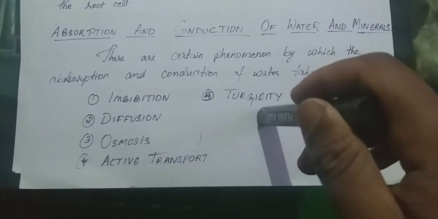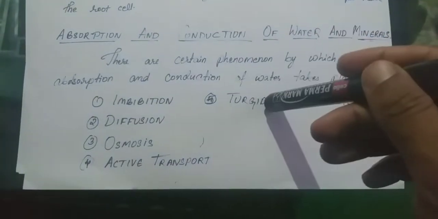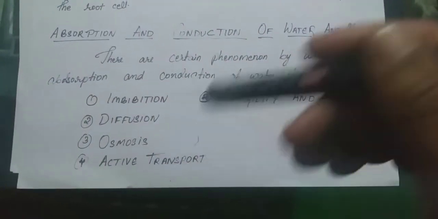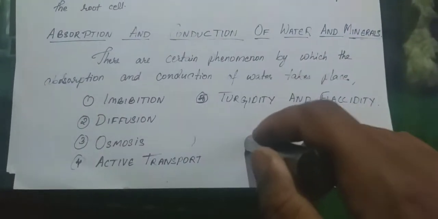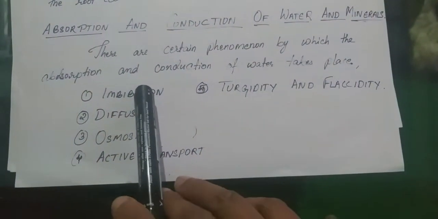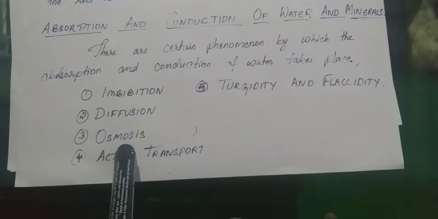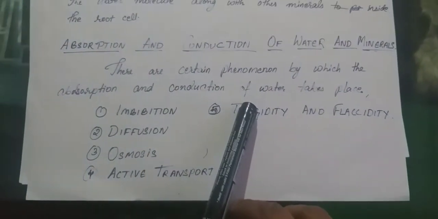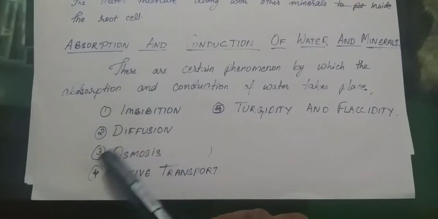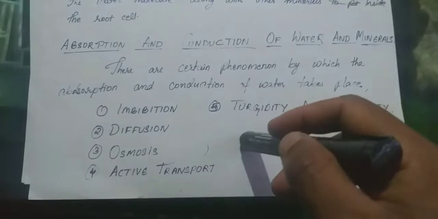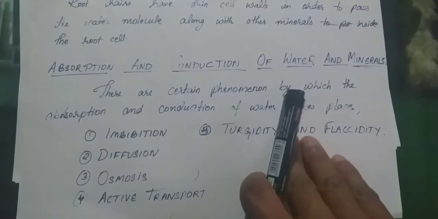That process takes place by various processes, not only one. The first one is known as imbibition, number 2 diffusion, number 3 osmosis, 4 active transport, and number 5 turgidity and flaccidity. We will learn about each of the processes in detail in the upcoming session.